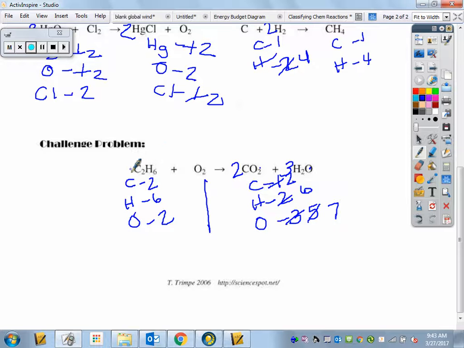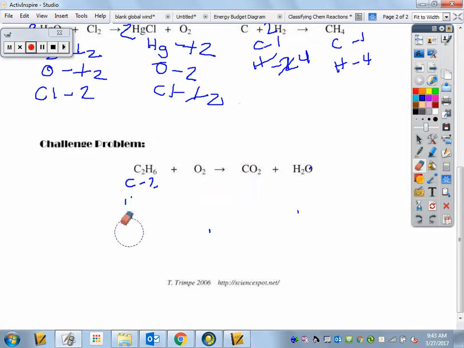Let's try something else. What's another multiple we could deal with? Let me erase all of this and try something else. Come on, eraser, catch up. Ooh, I shouldn't have erased all of it. Let's list them again.